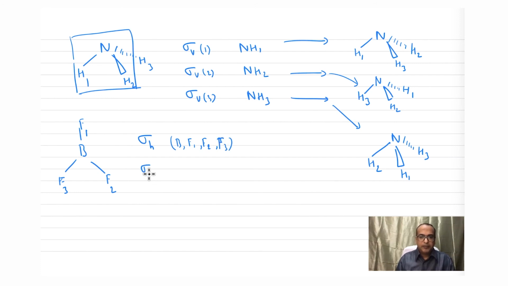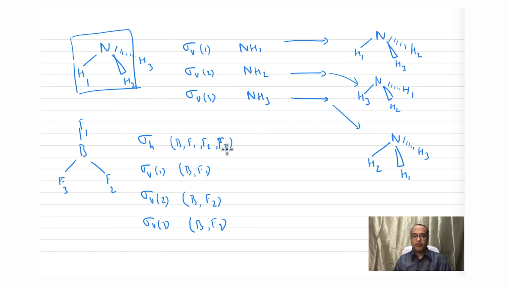Then we have sigma V1 containing B and F1, sigma V2 containing B and F2, and sigma V3 containing B and F3. You should now be able to carry out operations for all these sigmas and see what you get.